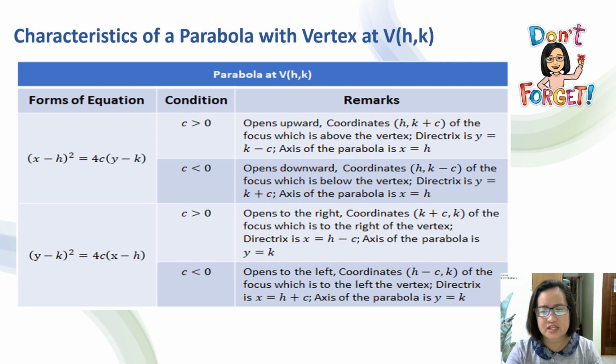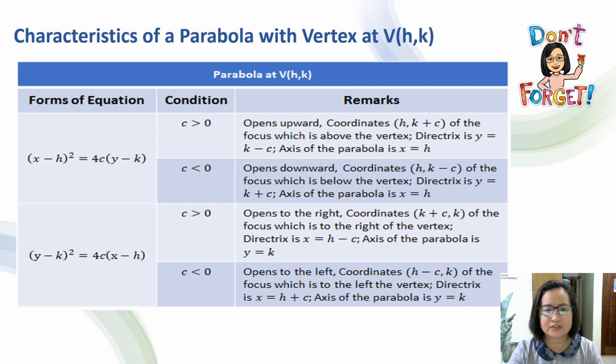The directrix is given by the equation y equals k minus c, and the axis of symmetry of the parabola is x equals h. When c is negative, or c is less than 0, the parabola opens downward. The coordinates of the focus is given by (h, k minus c), which is below the vertex. Directrix is given by the equation y equals k plus c, and the axis of symmetry of the parabola is given by x equals h.